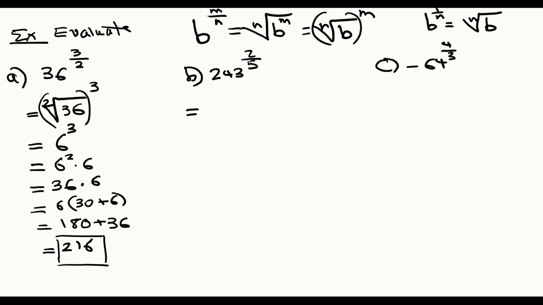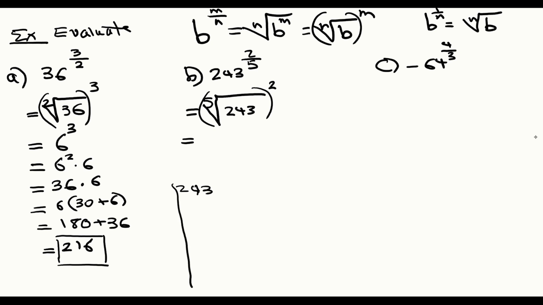So here we're going to end up with the conversion as a radical, where the 5 becomes the index. The radicand is going to be 243, and our outer power here is going to be 2. So now the fifth root of 243, again, that was not one of the ones on our table, but we can always do a quick prime factorization of 243.